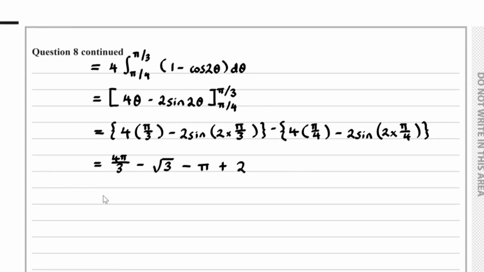And if we tidy all of this up, you can then see the area is pi over 3 minus root 3 plus 2 units squared.